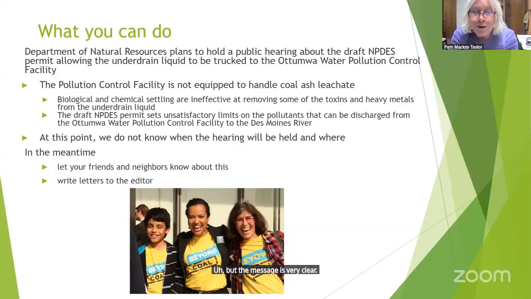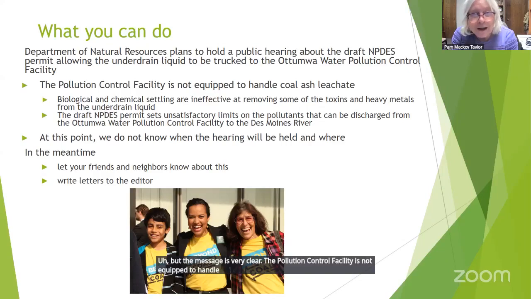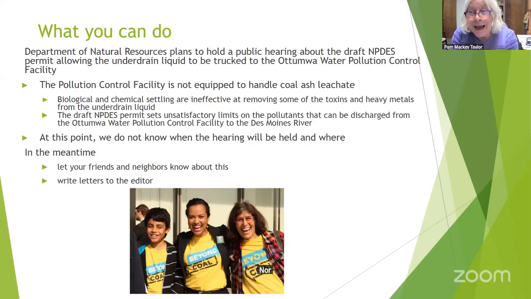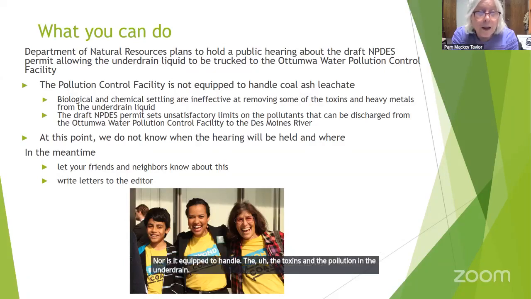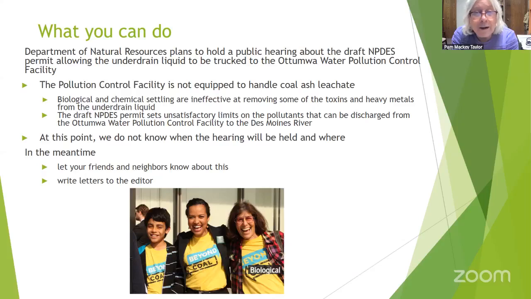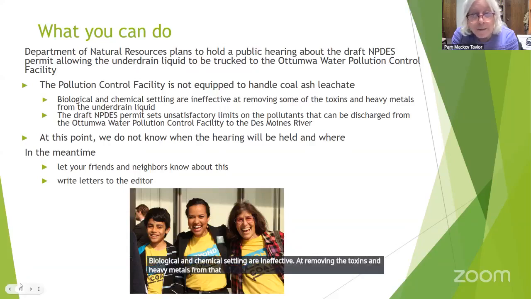The pollution control facility is not equipped to handle coal ash leachate, nor is it equipped to handle the toxins and the pollution in the underdrain. Biological and chemical settling are ineffective at removing the toxins and heavy metals from that underdrain liquid.